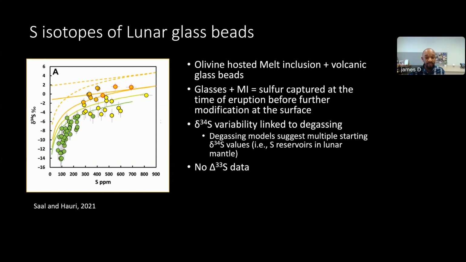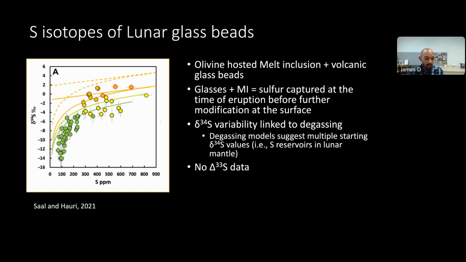Now, what they find is that they see significant delta 34S variability from +1 all the way down to -15 per mil. And they link this delta 34S variability to processes of sulfur degassing. What's unique about sulfur degassing models is that we use them to identify what our starting compositions could be.